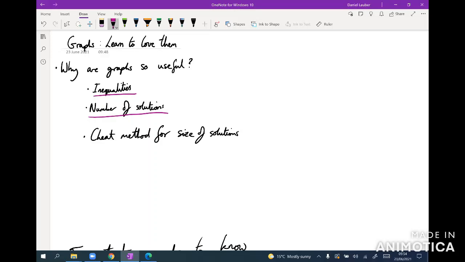And also, graphs will tell you roughly the size of solutions and where they occur. So effectively, what they allow you to do is just use the multiple choice method to your advantage, in that the graphs will tell you how many solutions there are and roughly how big they are. And so you can just pick the answer out of the 5 that are available.